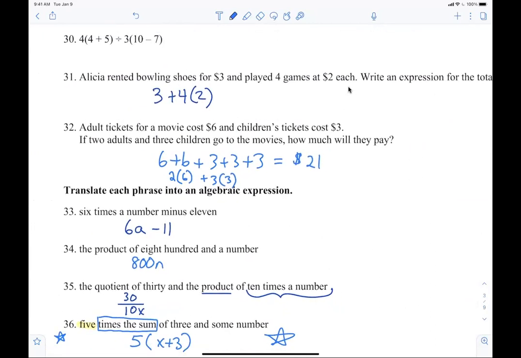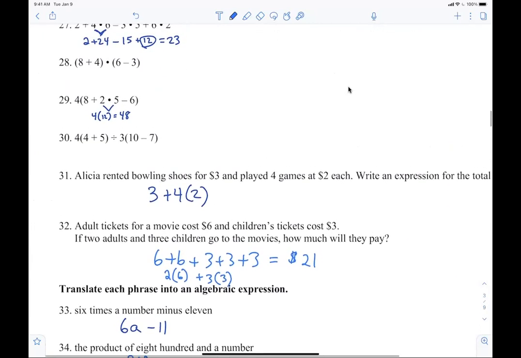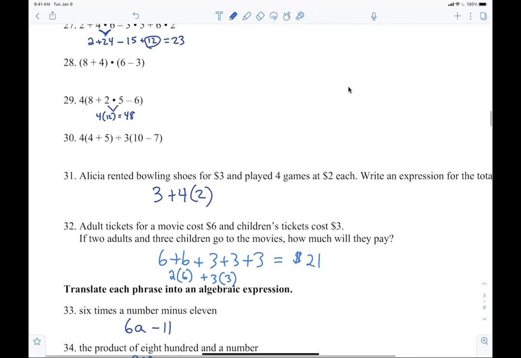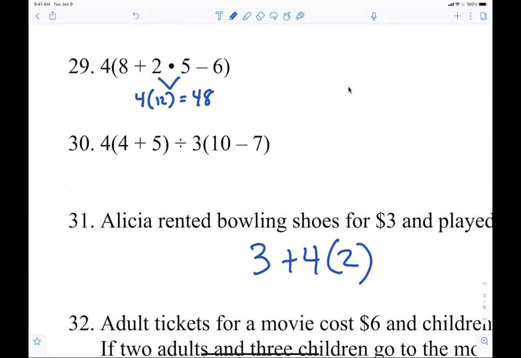All right, here we go. We'll just start over there now. Am I on 30? Yeah, you're on 30. Now remember, tell me what to do. So first what I did is I did the first parentheses, which is 4 plus 5 equals 9. And then I went to the next parentheses. Good, 10 minus 7 is 3. Good.